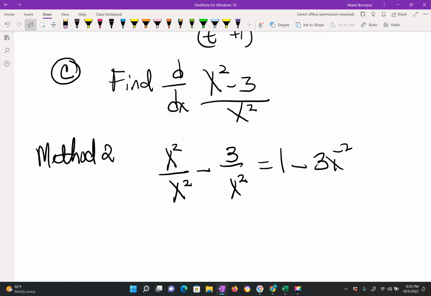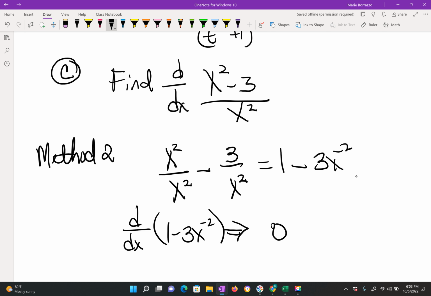So if we take the derivative, d over dx of 1 minus 3x to the negative 2, then this becomes 0 minus 6x to the negative 3, right? Because we're going to multiply that, so it's going to give us a plus 6x to the negative 3. Remember, take away 1. Rewrite it, it'll simply be 6 over x to the third power.